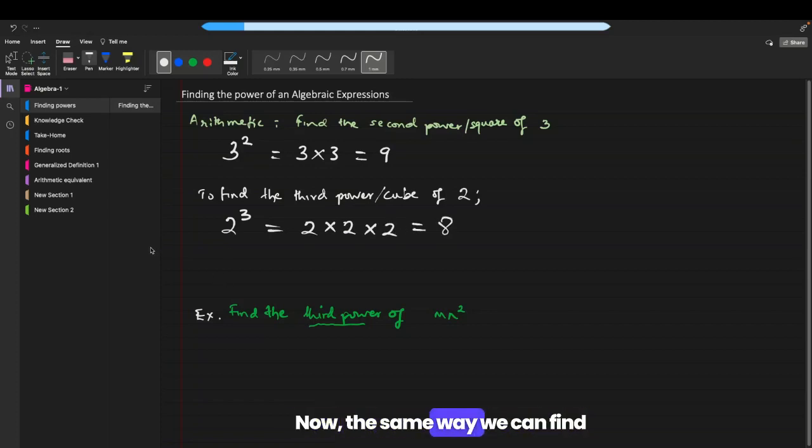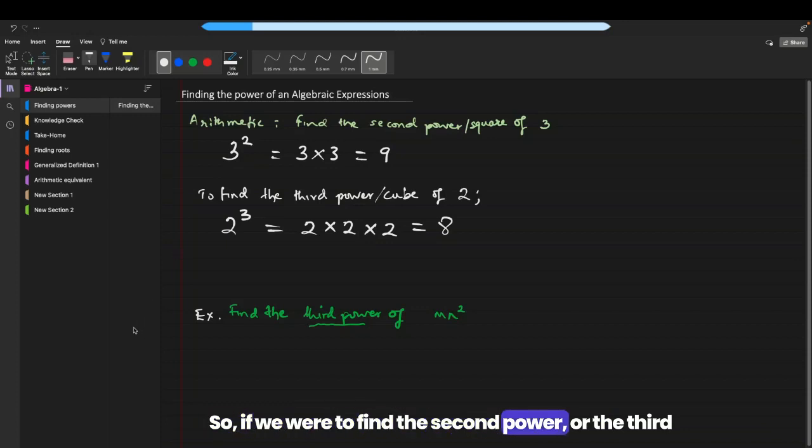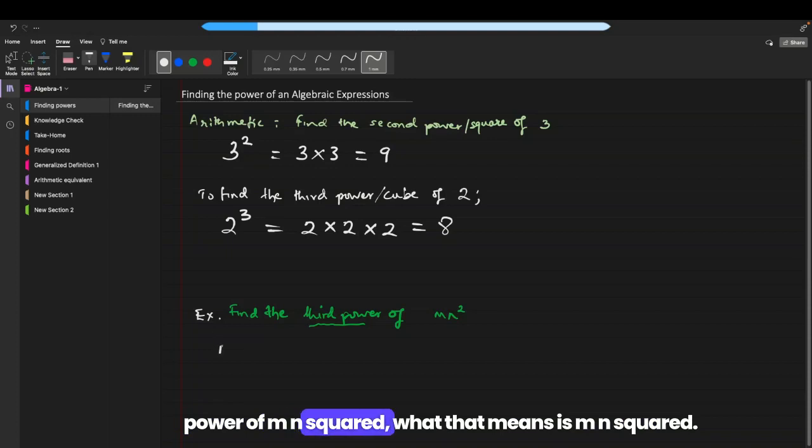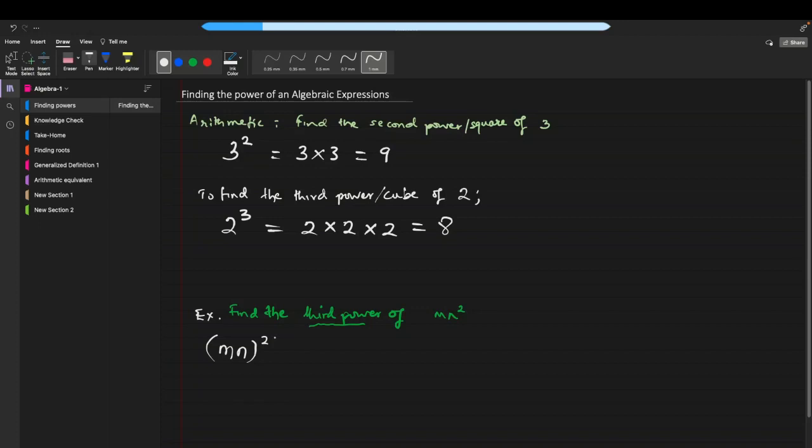Now, the same way, we can find the power of an algebraic expression. So if we were to find the second power or the third power of mn squared, what that means is mn squared all raised to power 3.